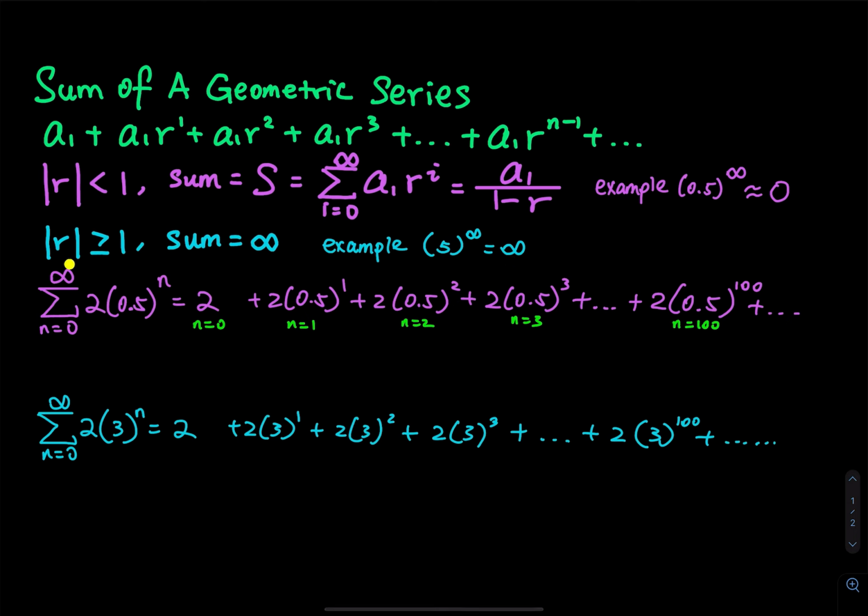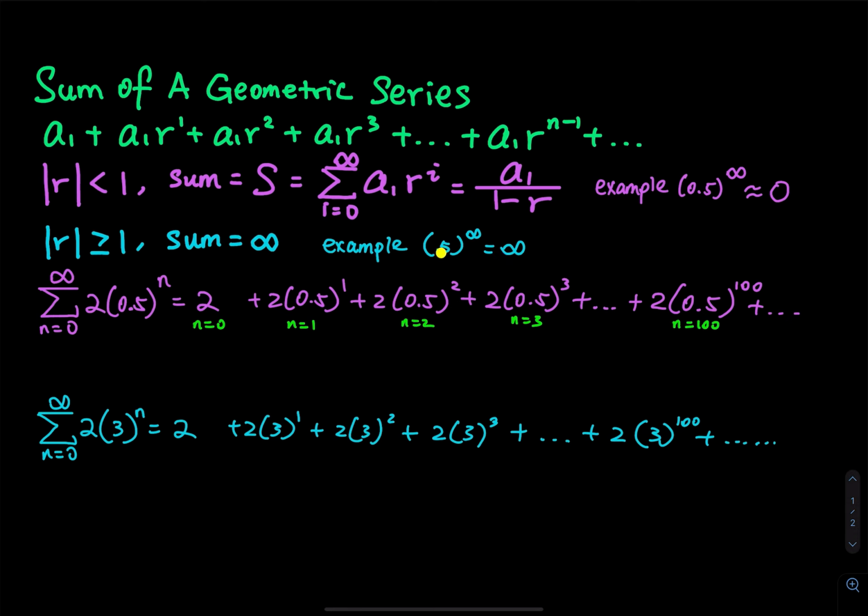When the absolute value of the common ratio is greater than or equal to 1, the sum is just equal to infinity. Because as you look all the way to the right of the summation, you will see that r is big. When the common ratio is greater than or equal to 1, of course the absolute value raised to a very large power is infinity.